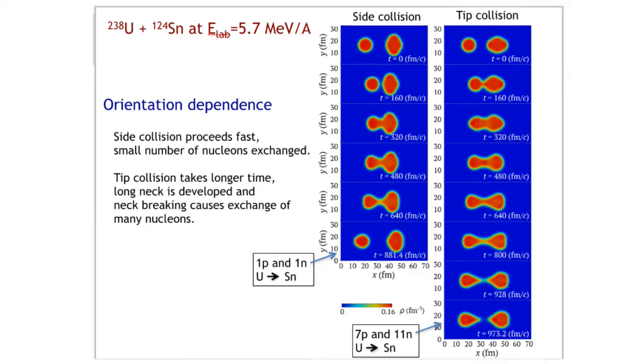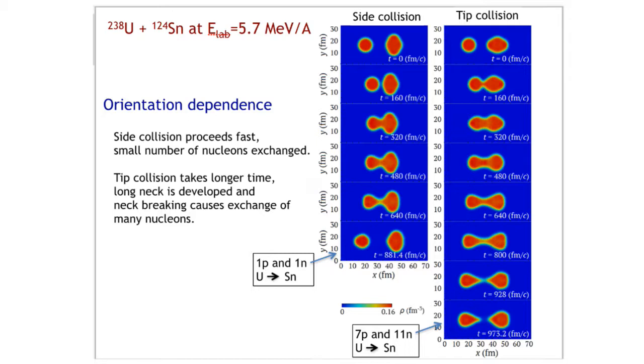Okay, this is a side collision, and this is a tip collision. So it is, in some sense, opposite to the previously published paper. In this case, the side collision finishes faster than the tip collision. And in the side collision, we observe a very small average number of transferred protons and neutrons.